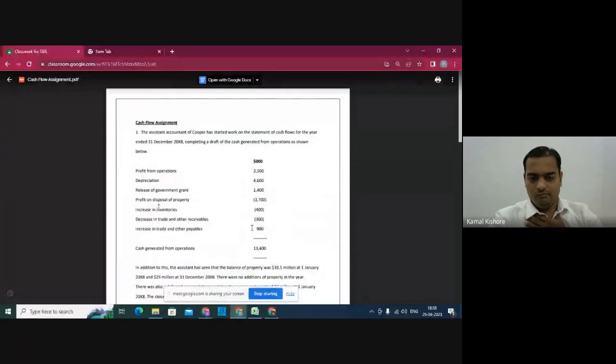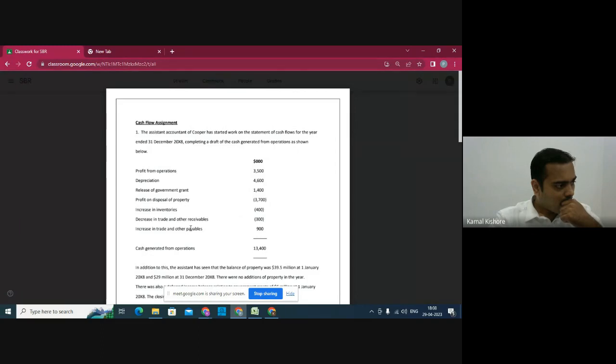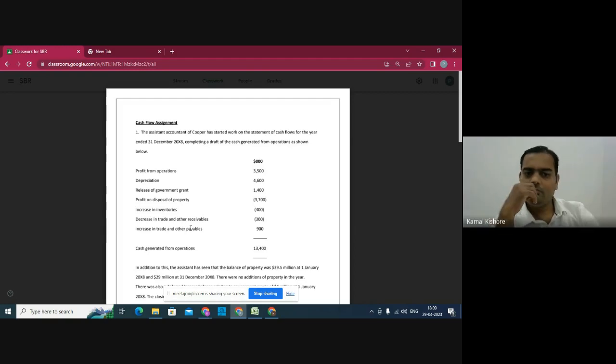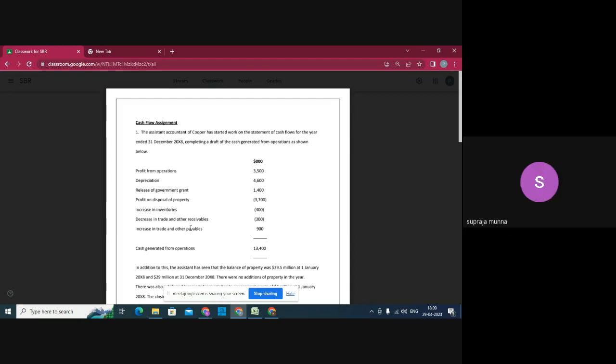Yeah. So what is the error in this? Is there any error? This release of government grant, it will not come under operational activities, right?